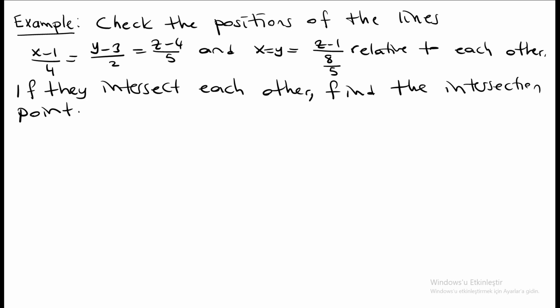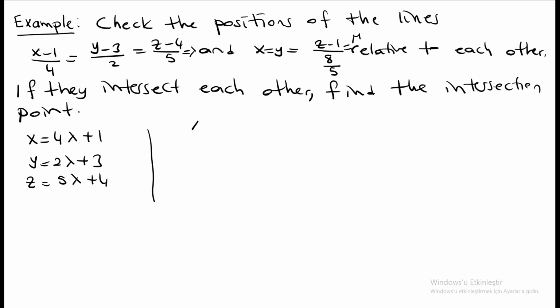Okay, we will follow the same steps. So first put here lambda and here mu, and then we have x equals 4 times lambda plus 1, y equals 2 times lambda plus 3, and z equals 5 times lambda plus 4. This is the first one. The second one: x equals mu, y equals mu, and z equals 8 over 5 times mu plus 1.